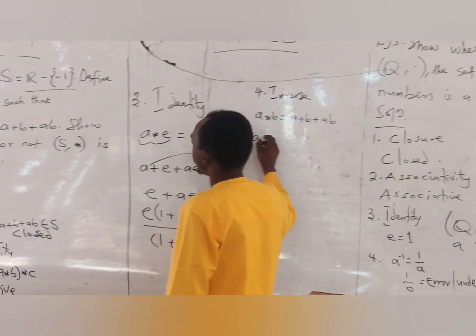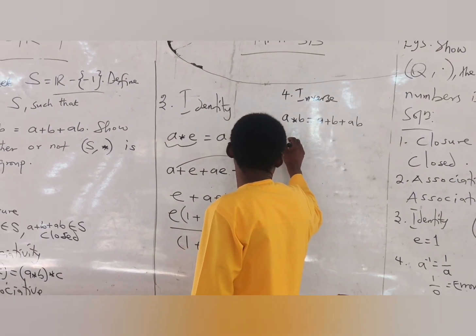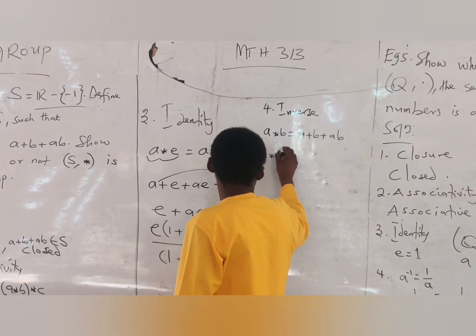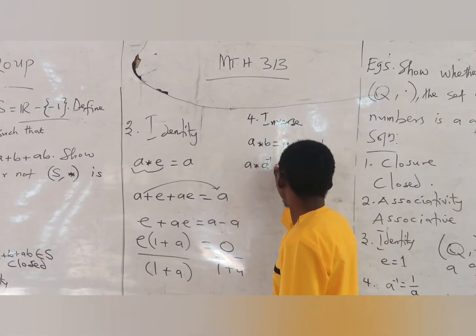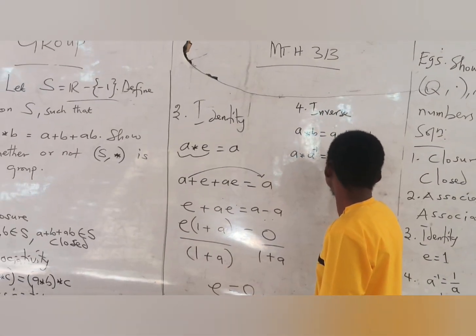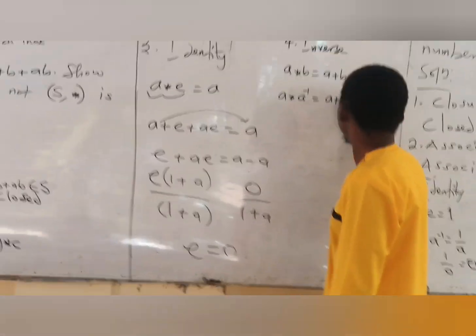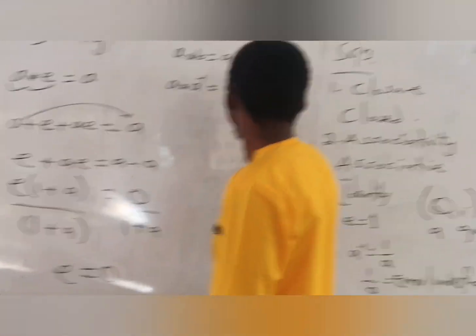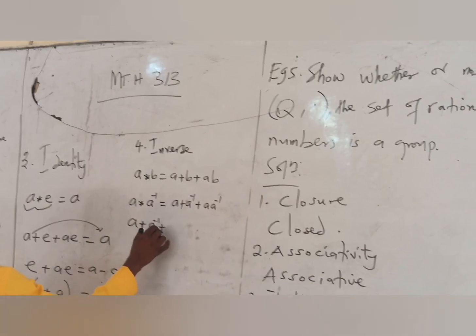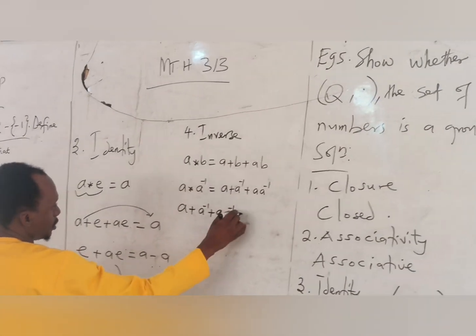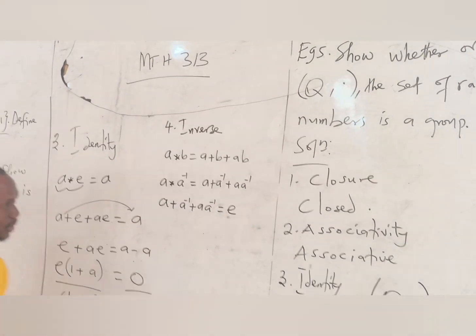And then we know that A operation A inverse will be equal to what? A plus A inverse, is that it? Plus what? A plus A inverse plus A A inverse is equal to what? E. Is that not the rule? Yes.